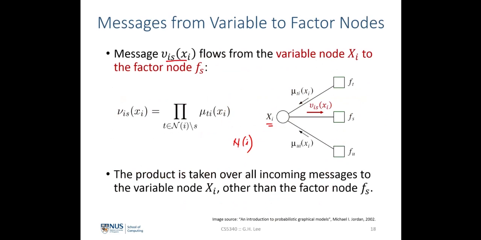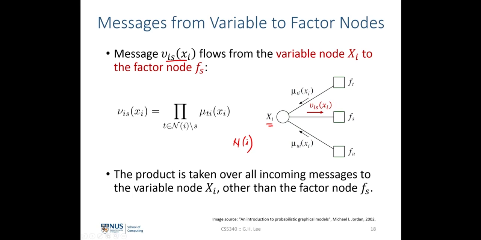Graphically, given a random variable xi, I'm going to compute a message that flows from this random variable xi into the factor node fs, which I denote as v_is of xi.